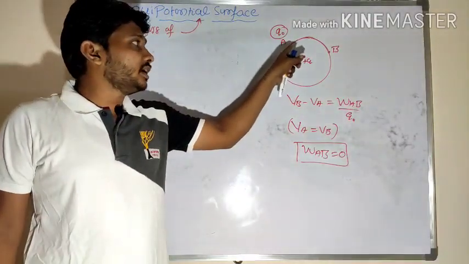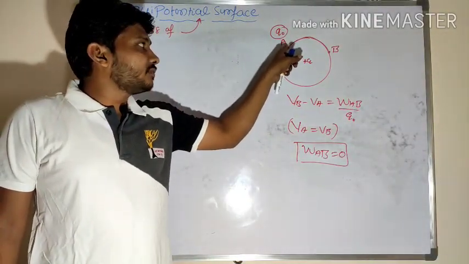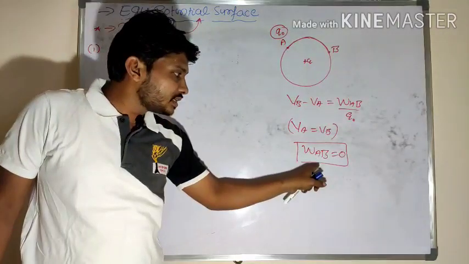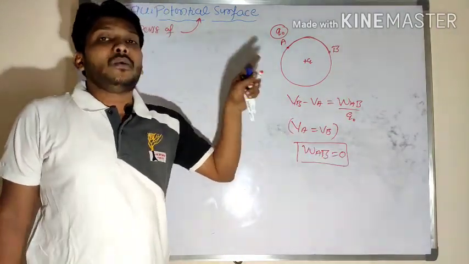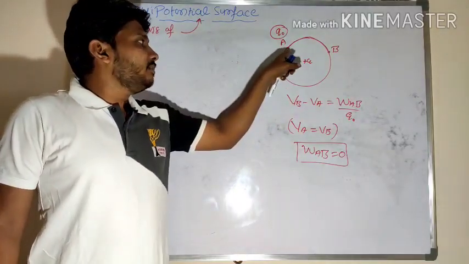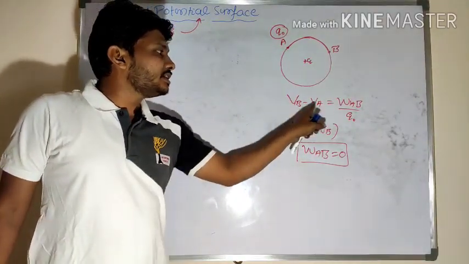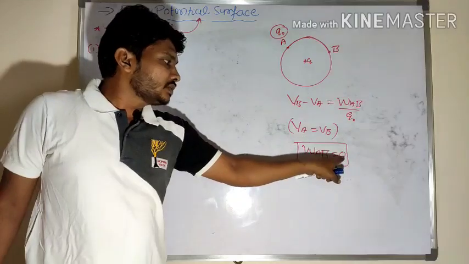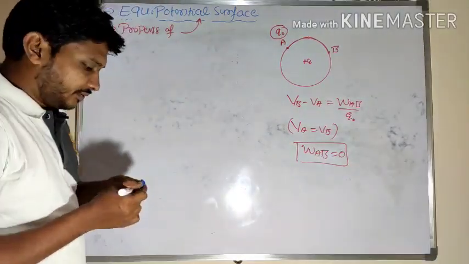So remember the point here. What is the work done to bring a unit positive charge from one point to another point on an equipotential surface? Work done is 0. Why does the work done become 0? Because the potential remains the same, which means the potential difference value is 0, so the work done value is 0. What is the first property?